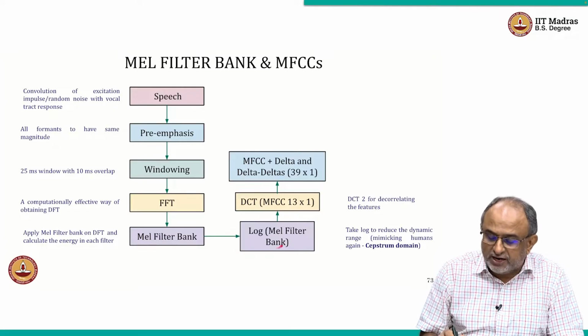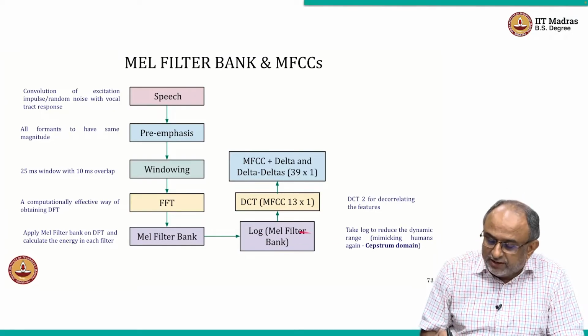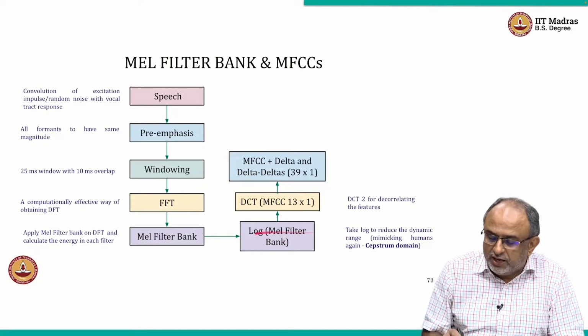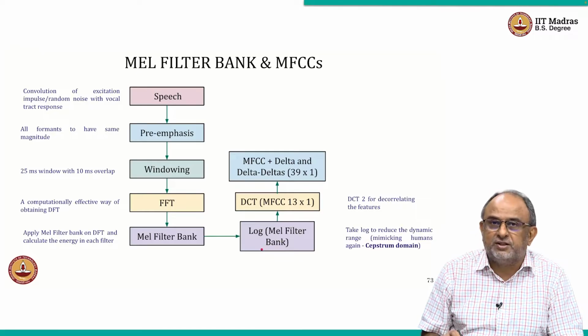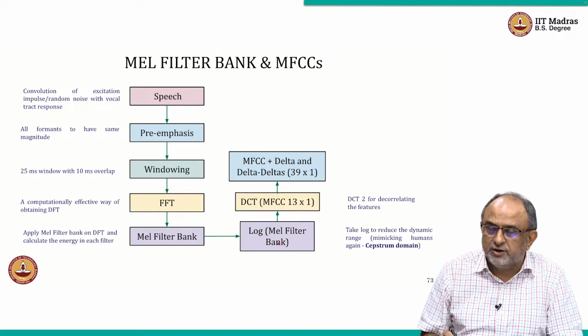After we apply the triangular averaging, we are going to apply the log, and usually at this point we stop. This is what we are going to use in most cases in deep learning methods. In deep learning, the correlations actually don't hurt, okay.